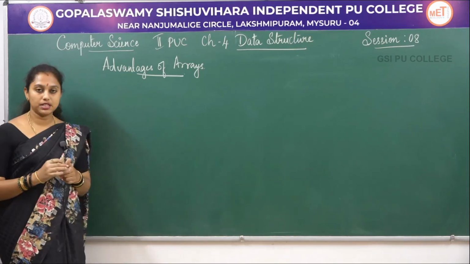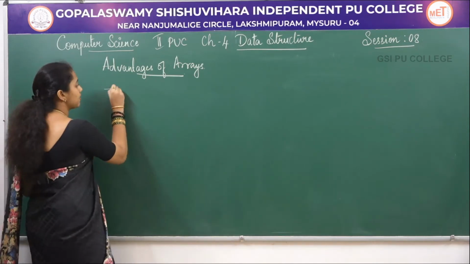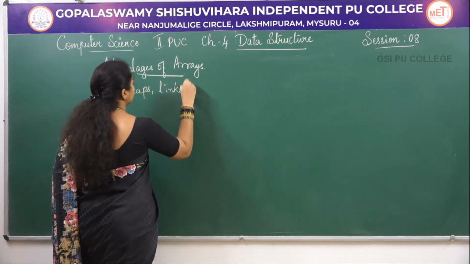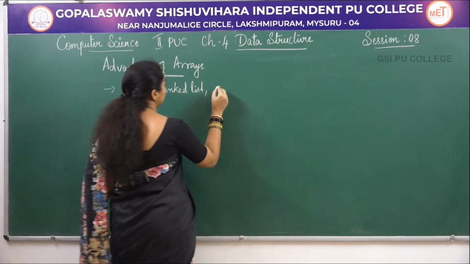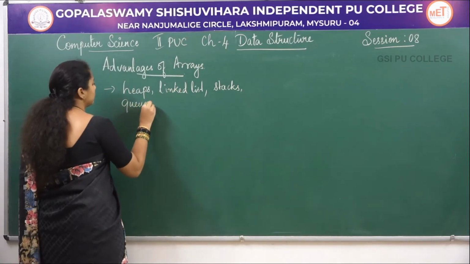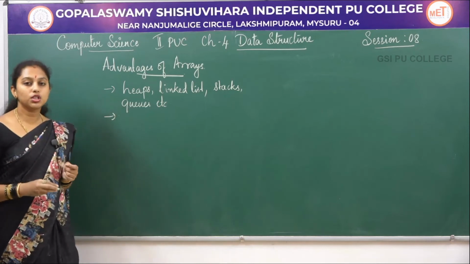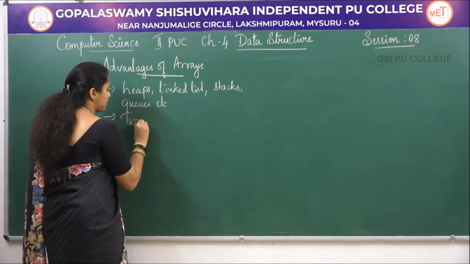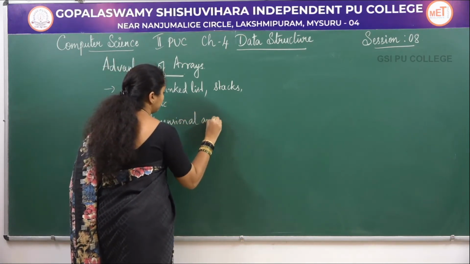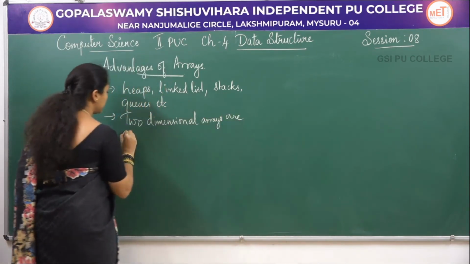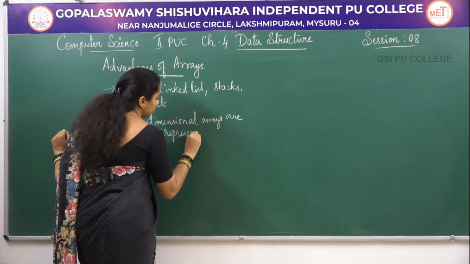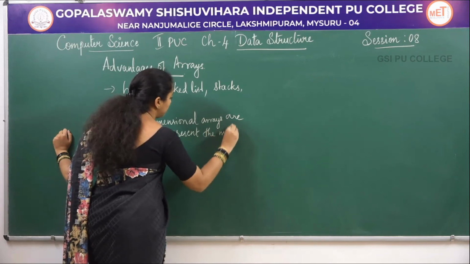Arrays are used to represent other data structures like heaps, linked lists, stacks, queues, etc. Two-dimensional arrays are used to represent matrices.